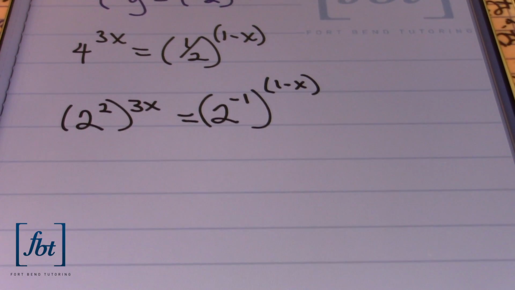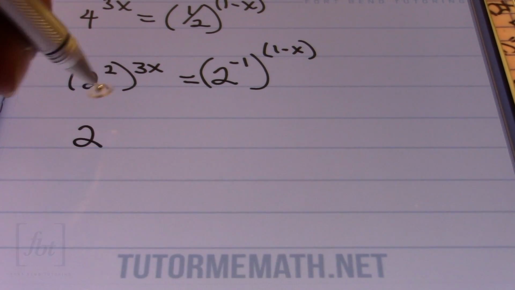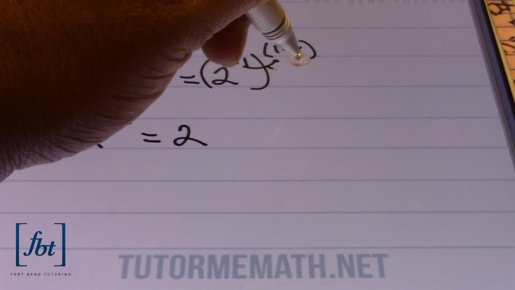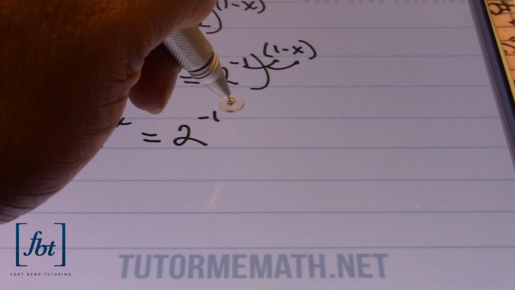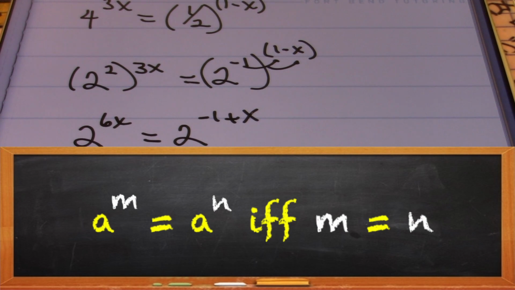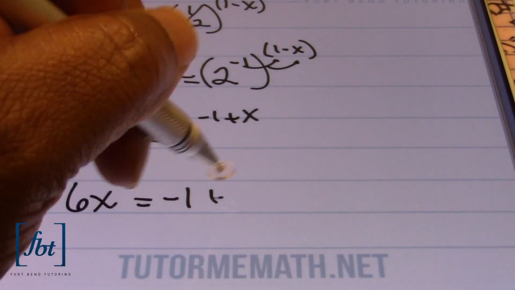And from here, I will be multiplying my exponents using my exponential rules. So this becomes 2 to the 6x equals 2 to the -1 plus x. Now that our bases are identical to each other, we'll be setting the exponents equal to one another as well. So we'll have 6x equals -1 plus x.